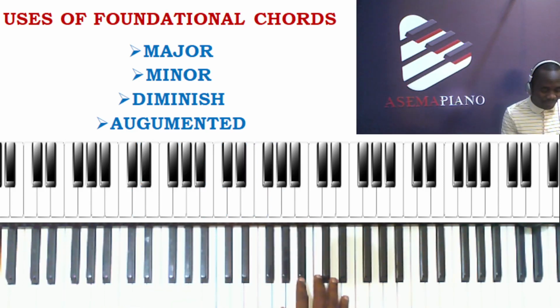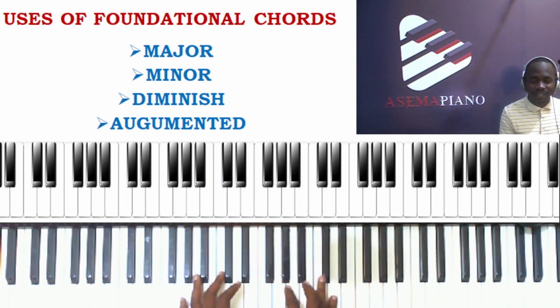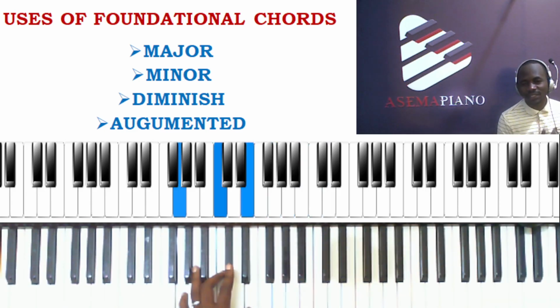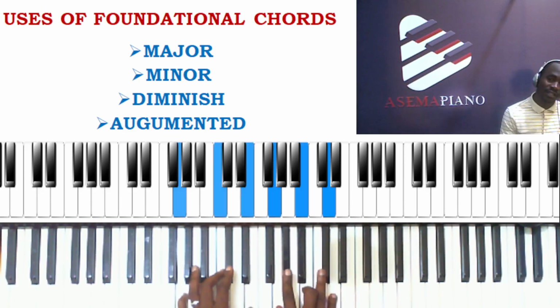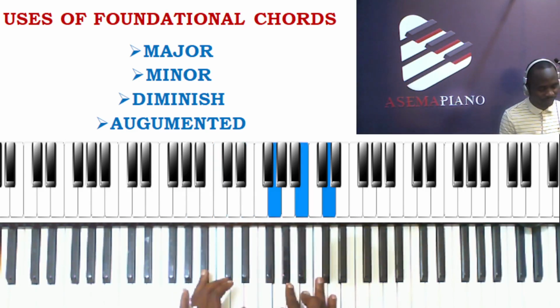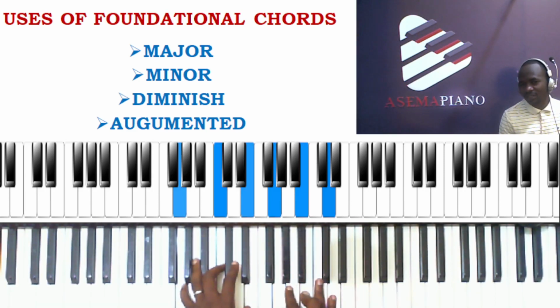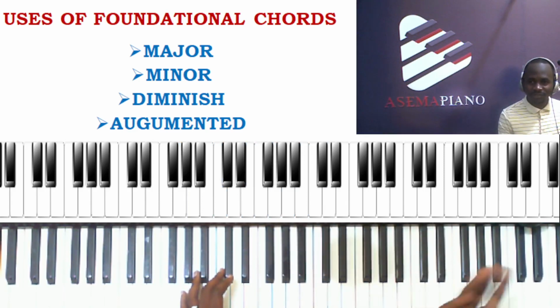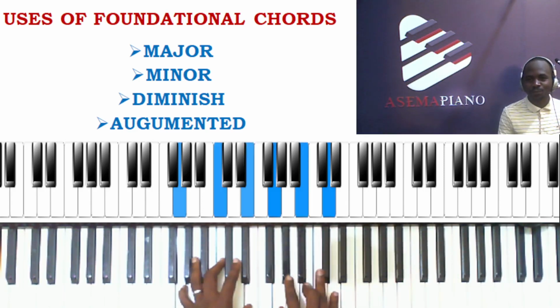Or you can play the 5 on the right hand and the 1 on the left hand. This kind of sound. Because this is the C and this is the G. So I'm taking the G and the 1.